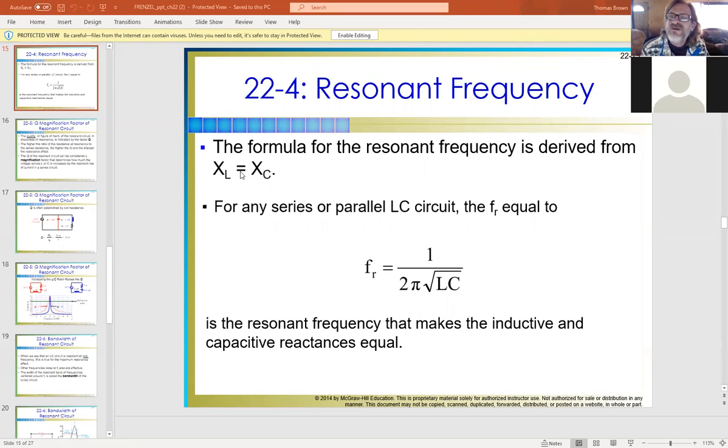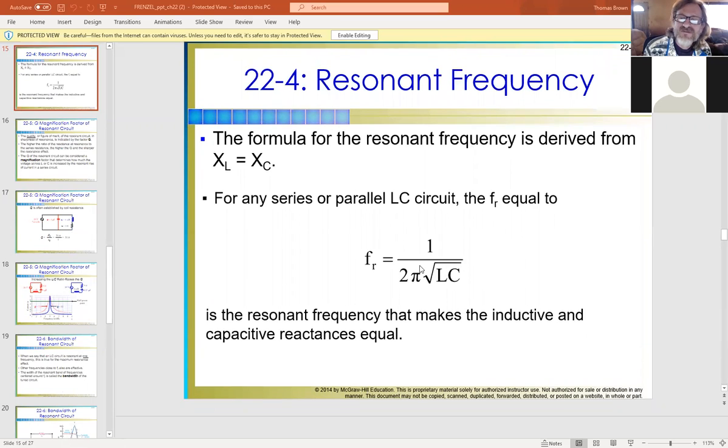Once we do so, we establish grounds for this formula for frequency: F sub R, the resonant frequency, is equal to 1 over 2 pi square root of the inductor value times the capacitor value. This is dictated by the value of the components, and it locks us on to a particular frequency.